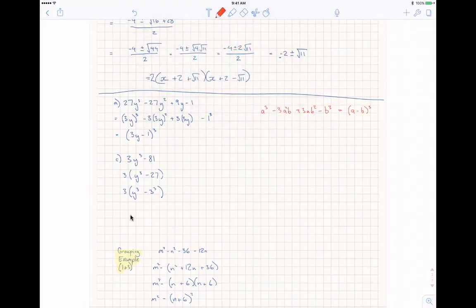So again, the rule from that little laminated sheet that I gave you. Our A is a y and our B is a 3. So we make those substitutions into this expression.